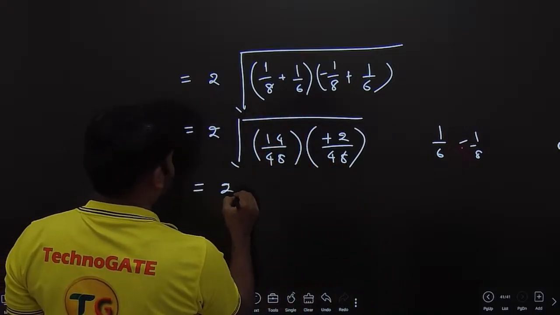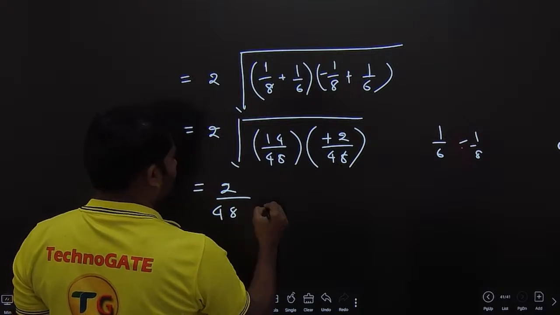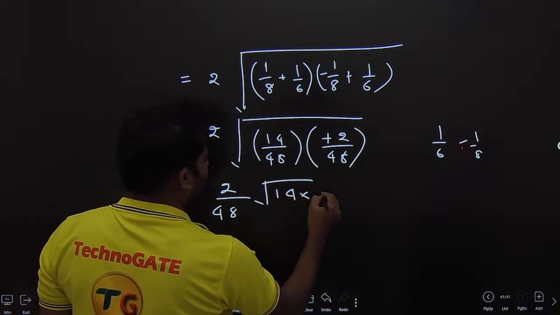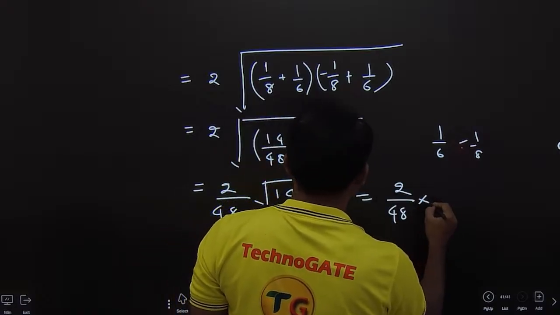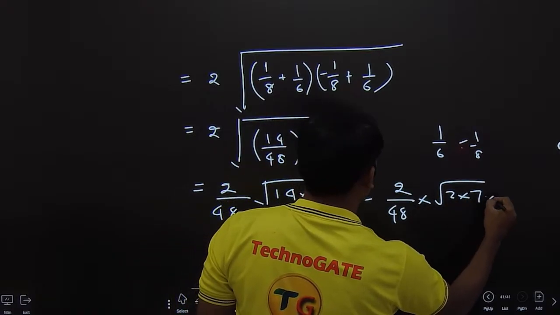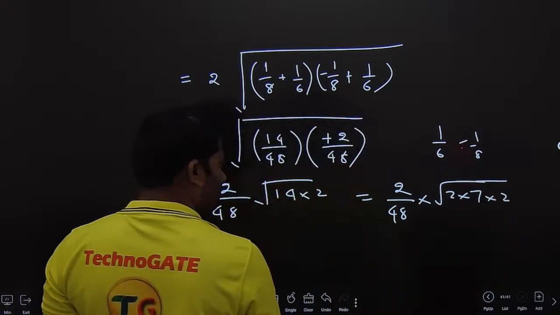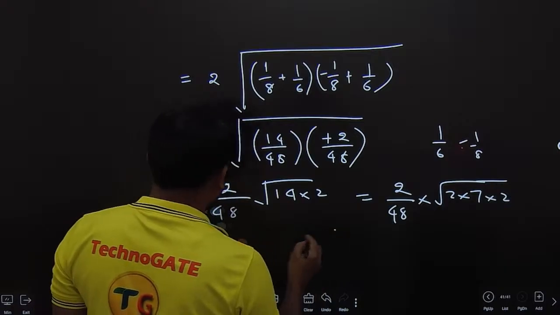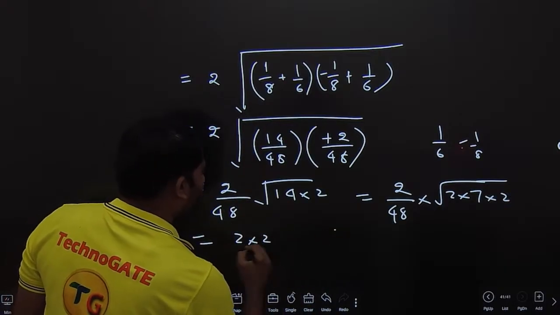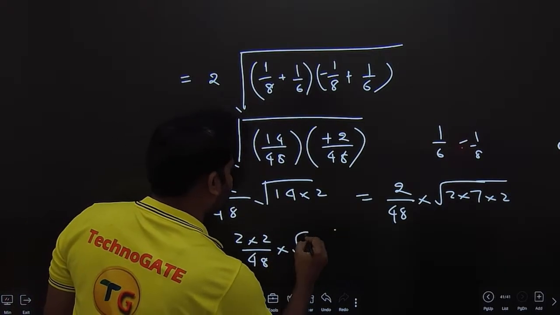So you will get it as 2 by 48, if I am taking 48 outside, square root of 14 into 2. Okay, this will become 2 by 48 into square root of 2 into 7 into 2. If I simplify further, 2 into 2 by 48 into square root 7.